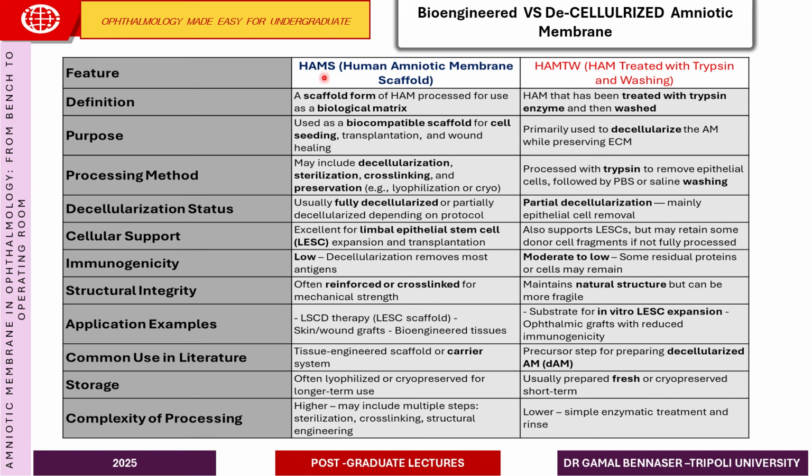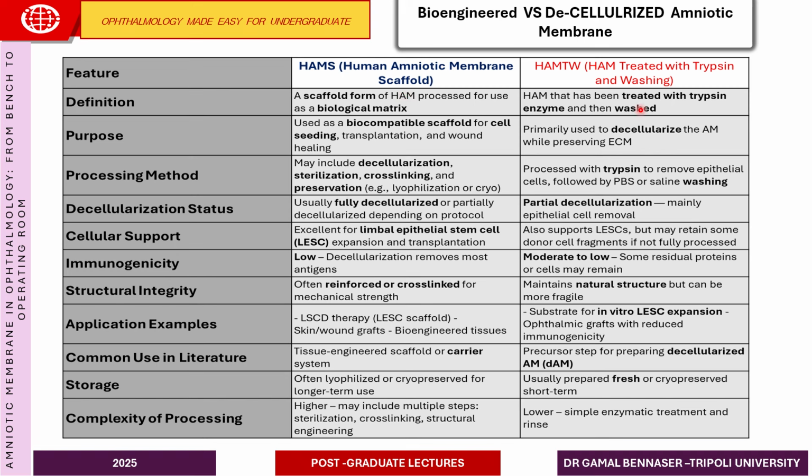Now, the human amniotic membrane scaffold is a final membrane that's used for growth of the cell cultures and the limbal stem cells. It is defined as a scaffold for human amniotic membrane, processed for use as a biological matrix. So this is the matrix or the culture medium that's used for the growth of the stem cells.